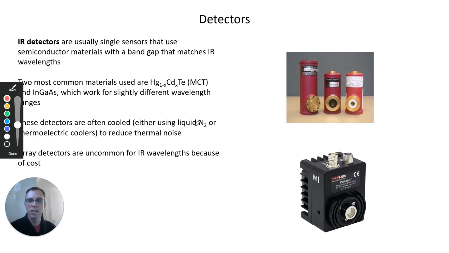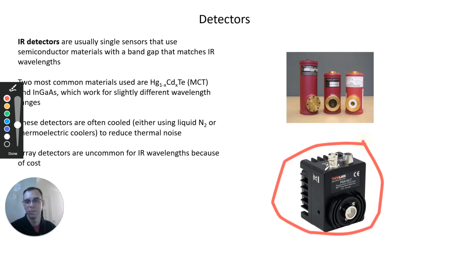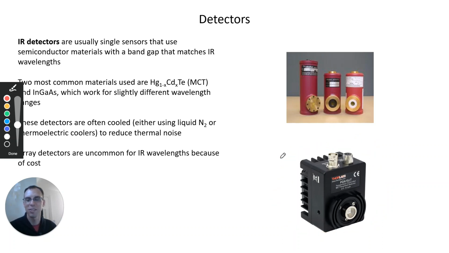More recently, the performance of these has improved with technology, and you can actually cool them with a thermoelectric cooler, so with electrical energy. You can get a much smaller detector and one that doesn't require liquid nitrogen to operate. This is an example of a more modern MCT detector, and modern here means within the last 5 years.